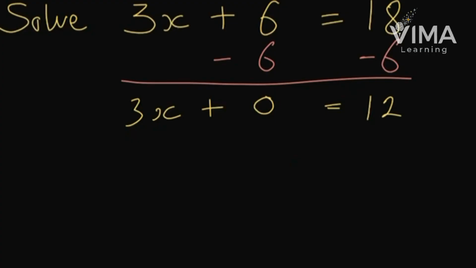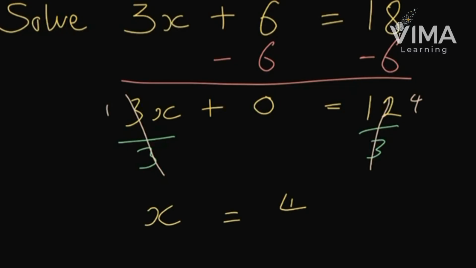We do that by division. So now we divide both sides by 3. The 3 cancels out to give us 1, and 12 divided by 3 gives us 4. Therefore x equals 4.